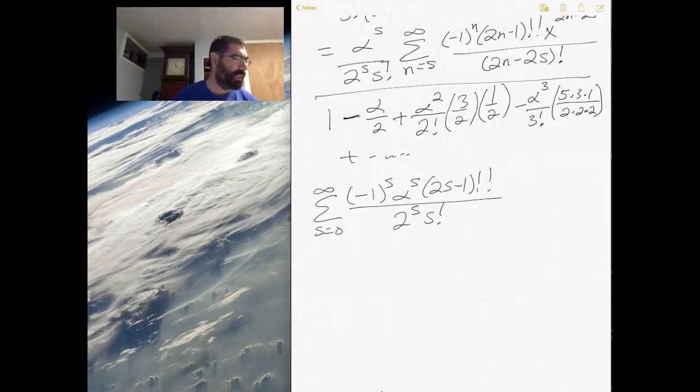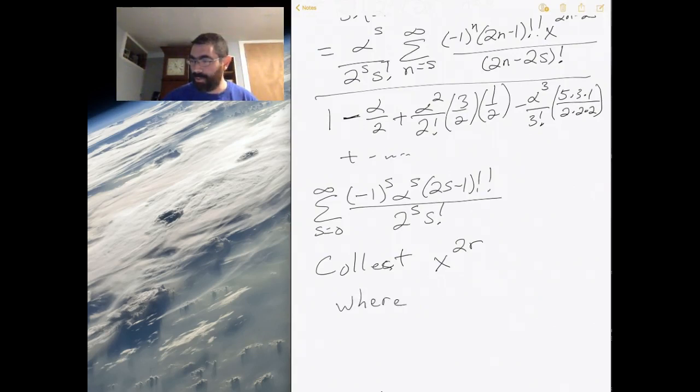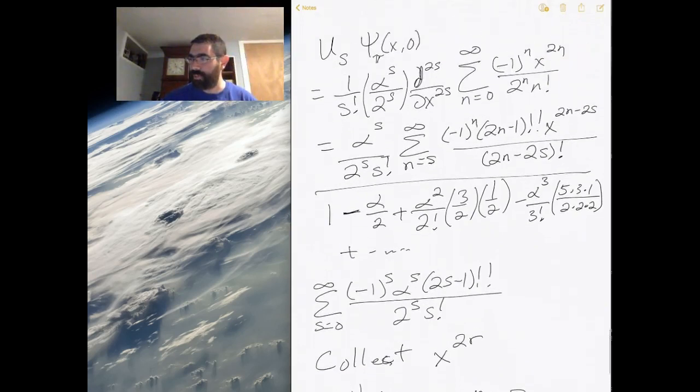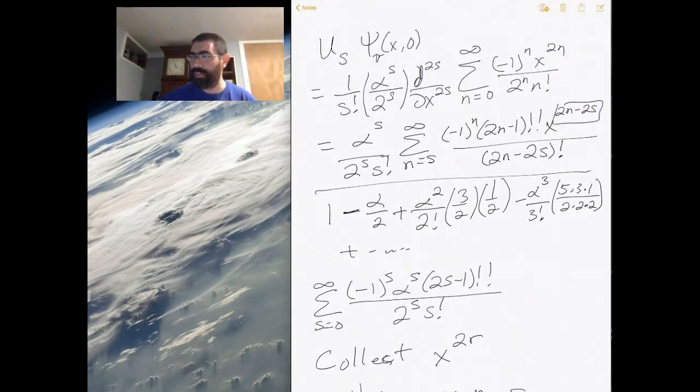So what we're left with then, if we collect all of the x to the 2n terms, oh, I'm sorry, if we collect all the 2 to the r terms, where r is now equal to n minus s, because remember, all of our terms in the expansion, if you look back up here in the general case, was 2n minus 2s.